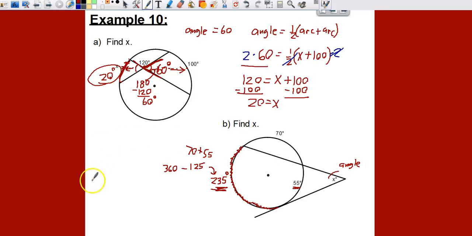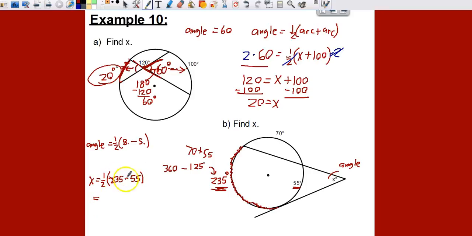So let me write the formula first. Angle equals 1/2 big arc minus small arc. I'm just going to write B and S. So it's going to be 1/2 times 235 minus 55.